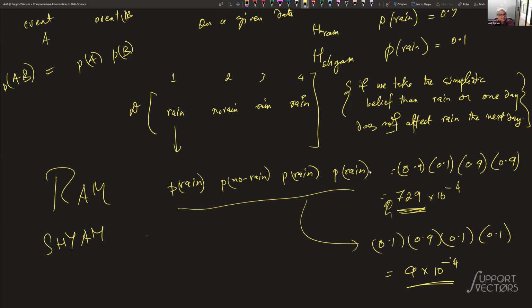But would you agree that whatever that factor is, it will be the same for Shyam also? So barring all this 10 to the minus 4 and some factors here and there, you agree that Ram's hypothesis says it is far likelier to rain than Shyam's hypothesis, isn't it? Data favors whose hypothesis?